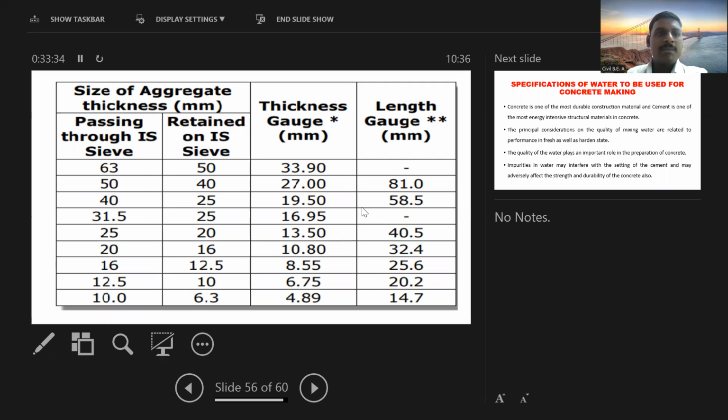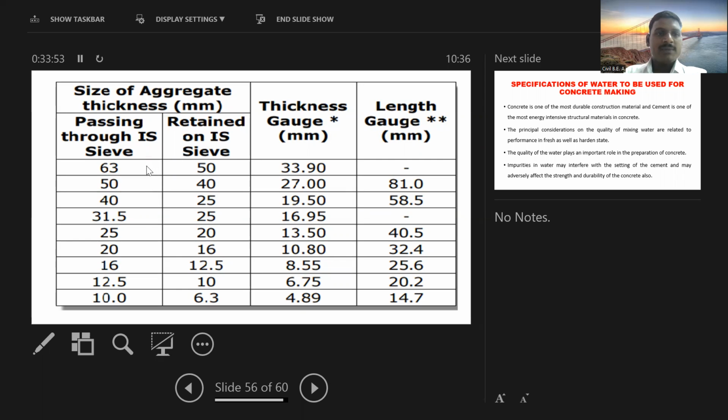Below 63 mm, a 50 mm sieve is there, then a 40 mm sieve, 31.5, 25, 20, 16, 12.5, 10 mm. So these sieves we have to use for the sieve analysis or gradation of the aggregates.